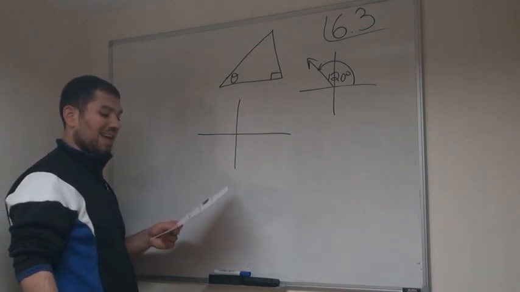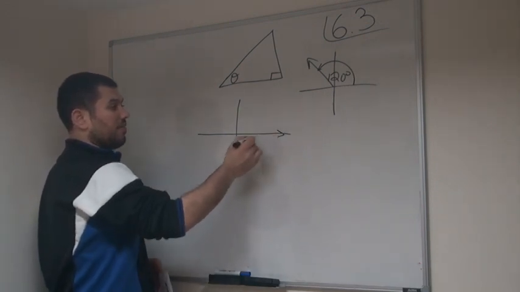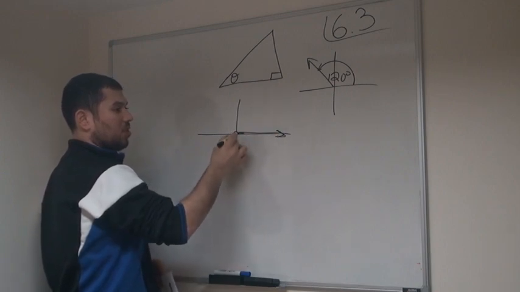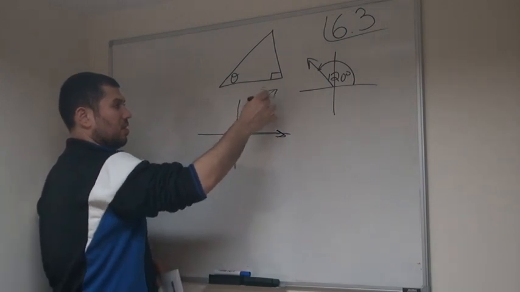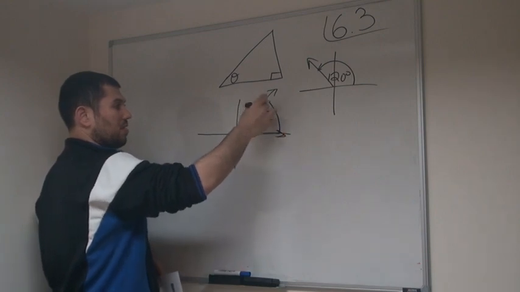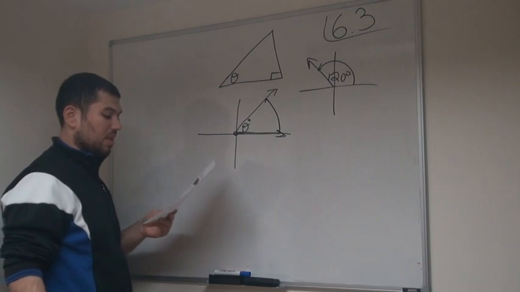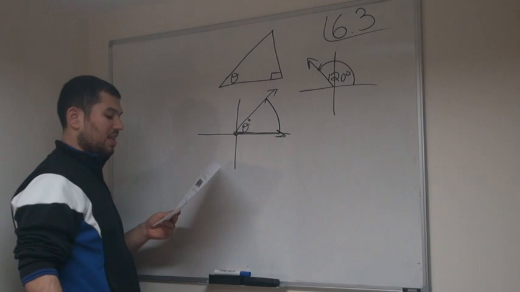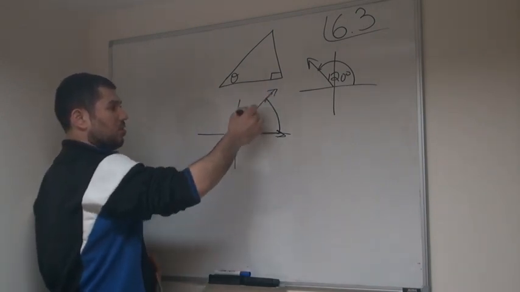So let theta be an angle in standard position. So let's say we have, for simplistic purposes, an angle in standard position always starts on the positive x-axis, and let's have this angle end somewhere in quadrant 1, so that this angle is theta, right? We're saying theta is an angle in standard position. Point P(x, y) is a point on the terminal side, so this is the terminal side.